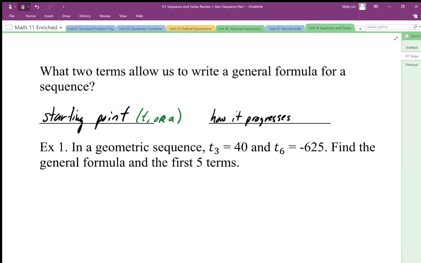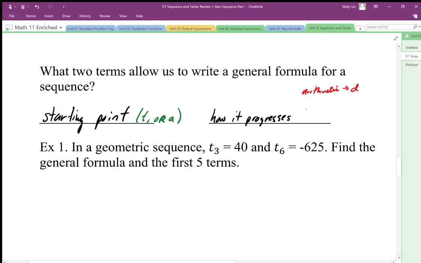For an arithmetic sequence, we can use our common difference D, what we're adding on each time.